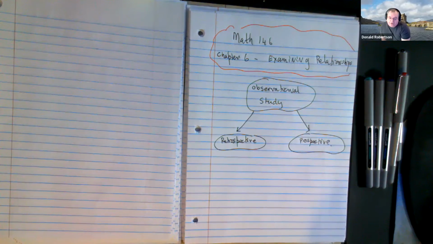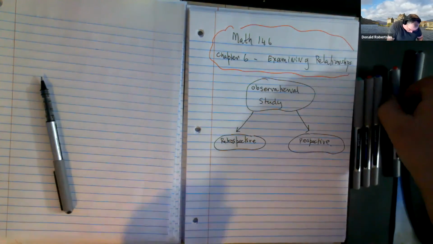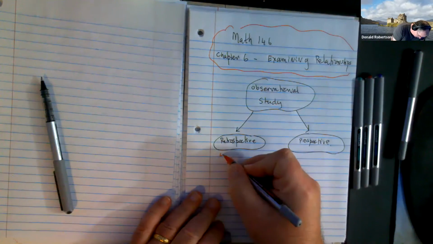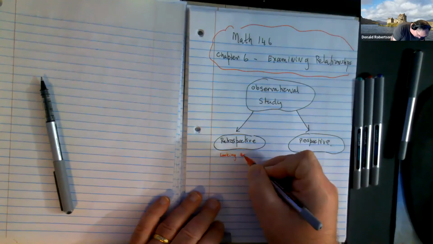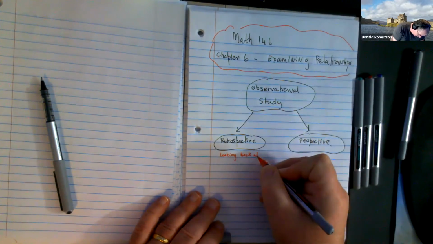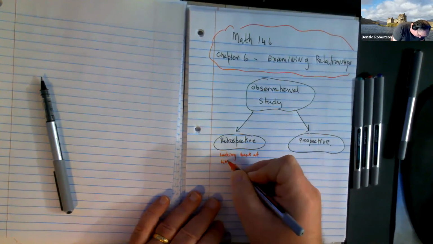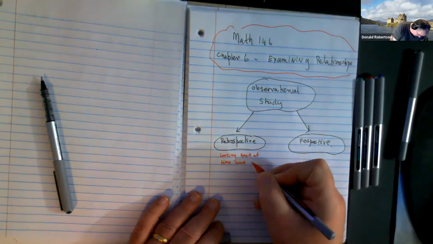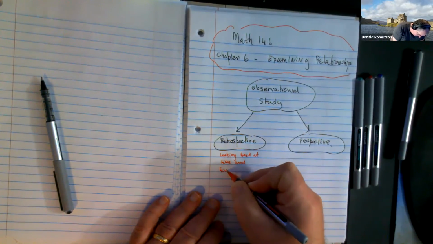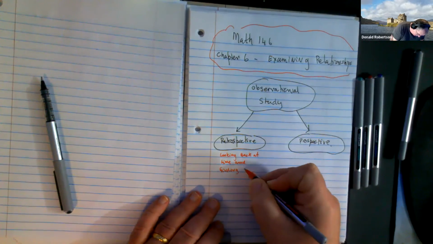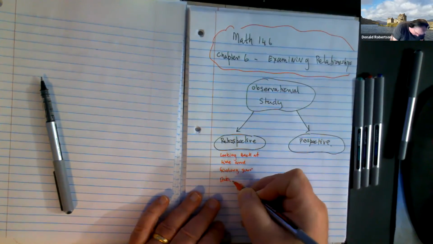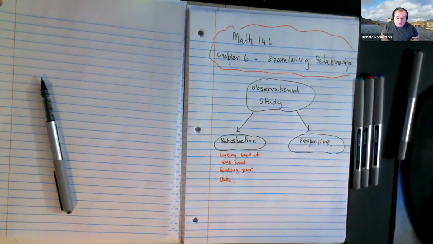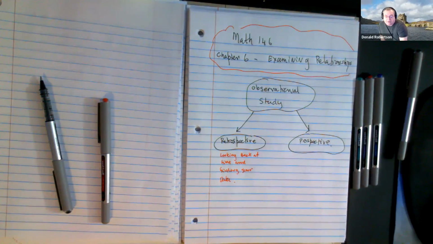So in a retrospective observational study, you are looking back at time and finding your data there. So an example of, say, a retrospective study.